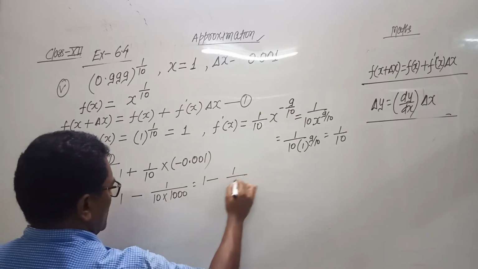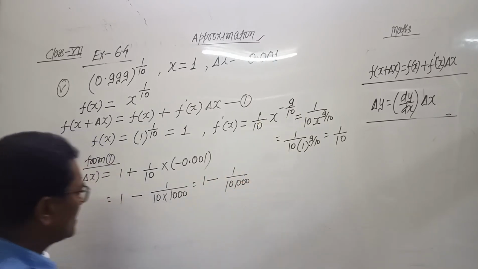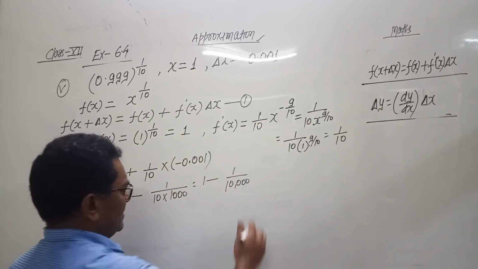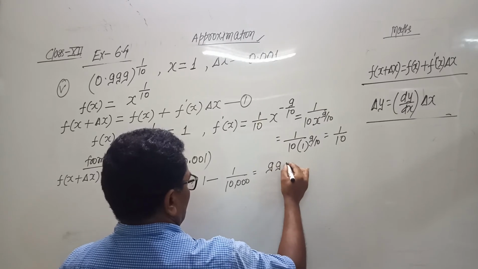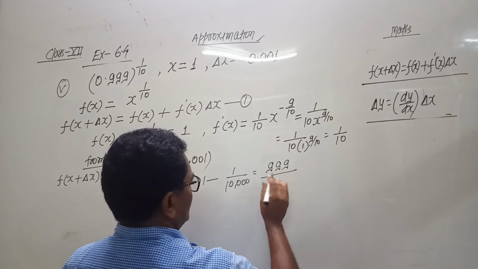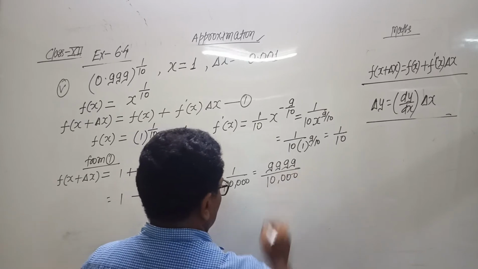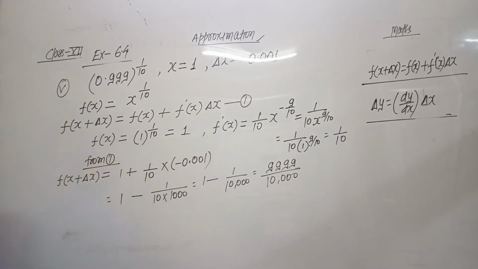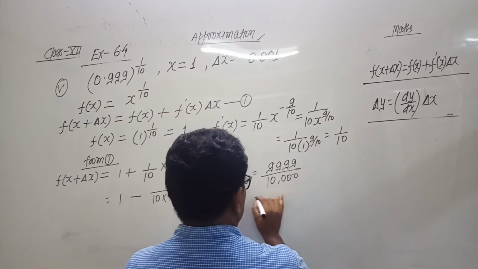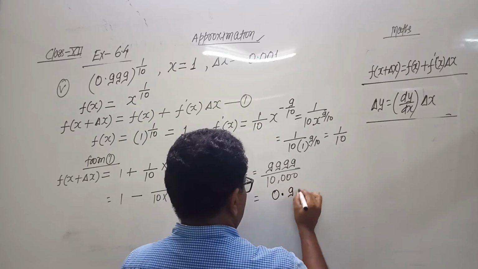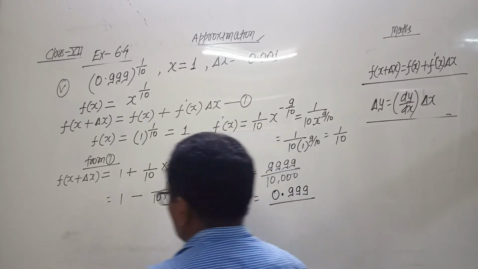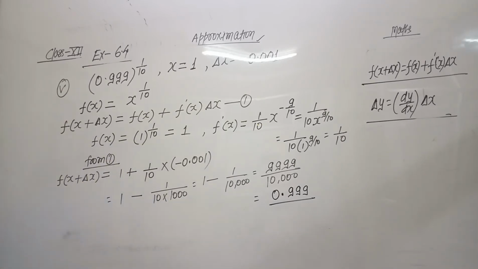So 1 minus 1 upon 10,000, and 10,000 minus 1 is 9999 upon 10,000, and this gives 0.9999. So this is the result.